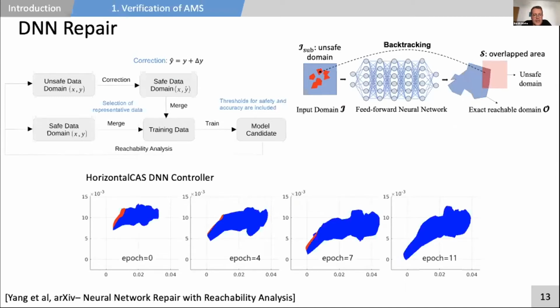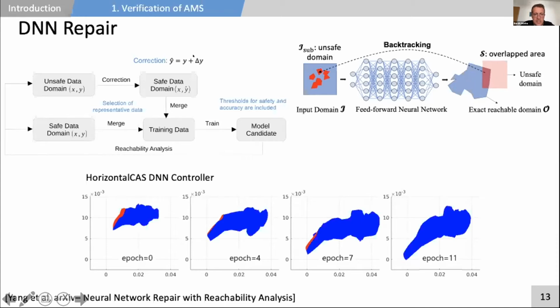Okay, so I think for this horizontal case, this is a well-known benchmark problem. The controller, now this retraining process, if that is the question, is that you have some model candidate. So you start off with something, you do reachability analysis, you find out that there's an unsafe set. For this unsafe set, you take some representative points here and you apply correction.